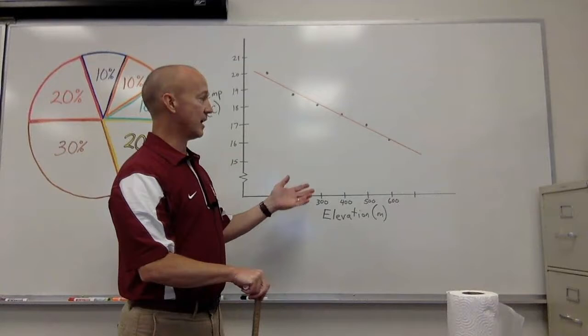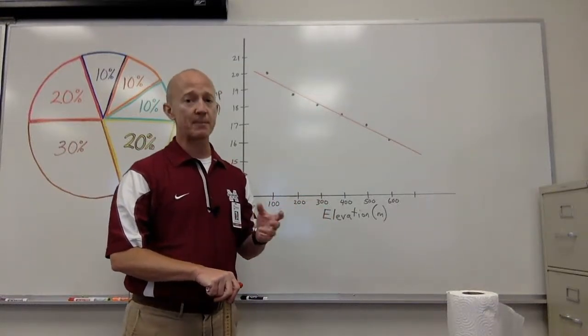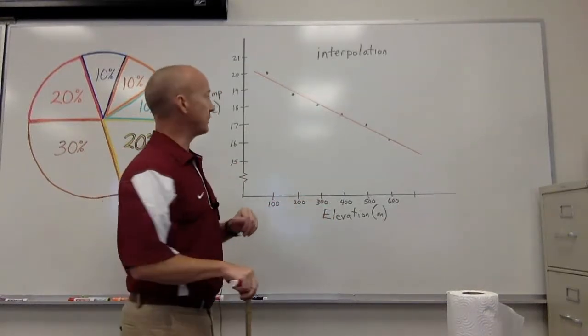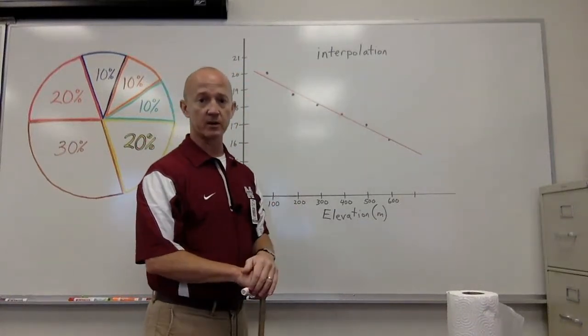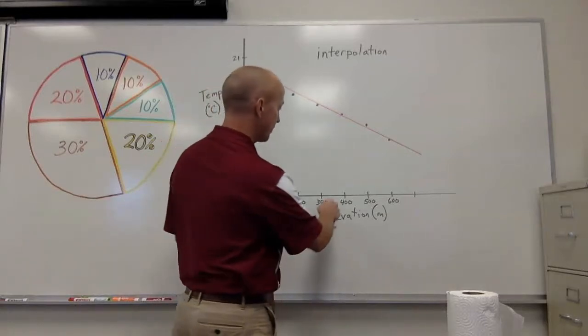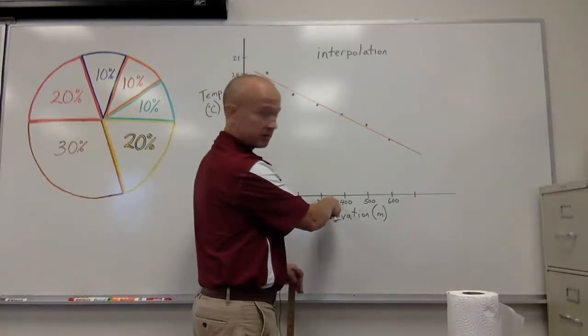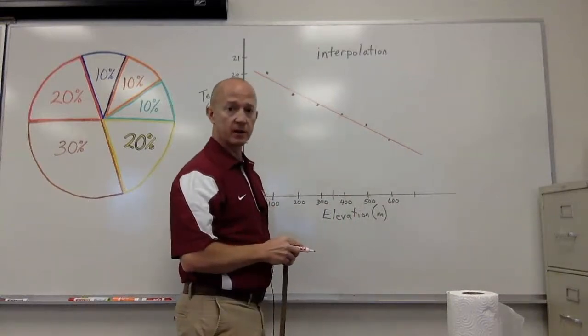Now I can use this line to perform an interpolation or an extrapolation. Now interpolation is when I'm going to use another point that falls along this set of points right here. Let's say I want to find the temperature at an elevation of 350 meters. That point right there.